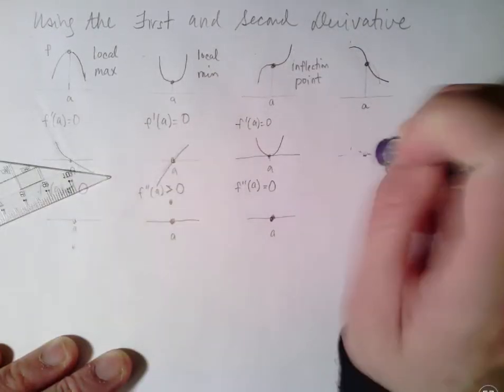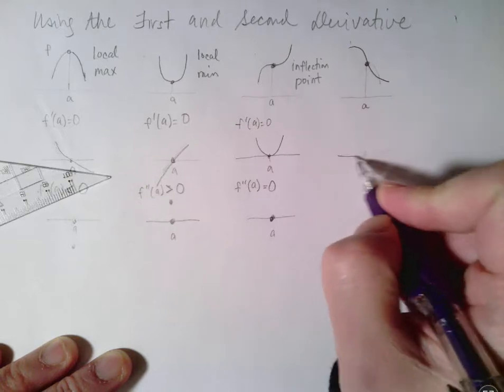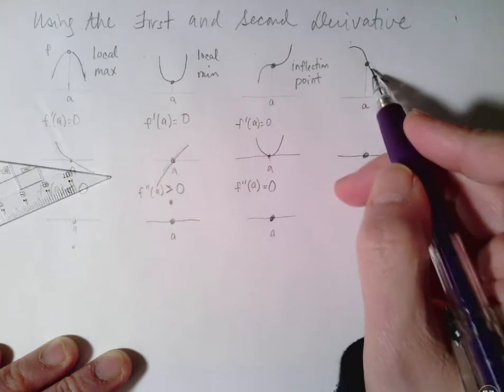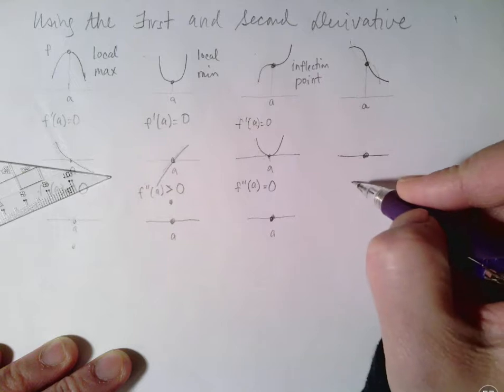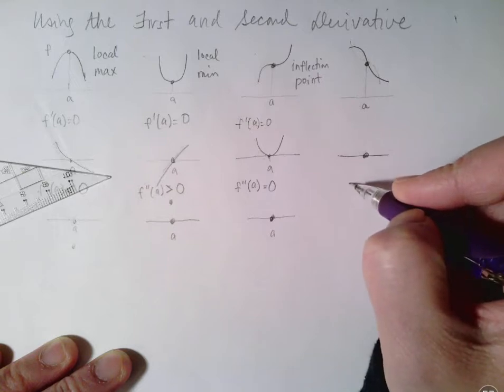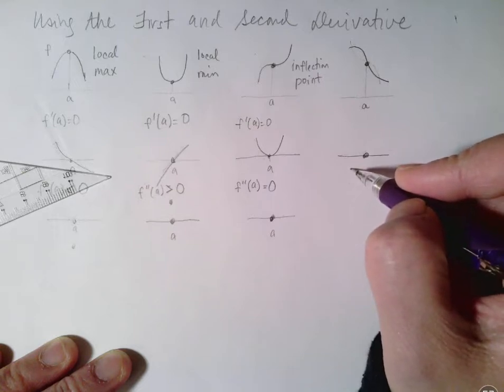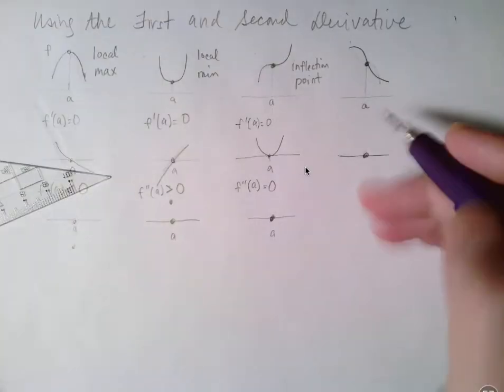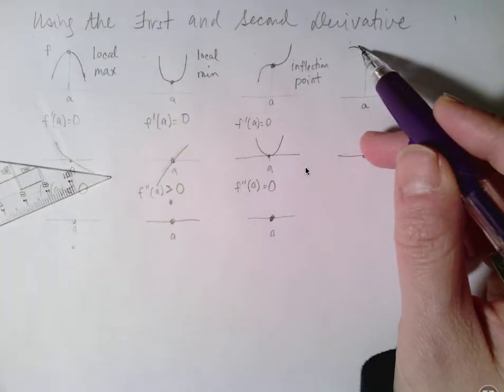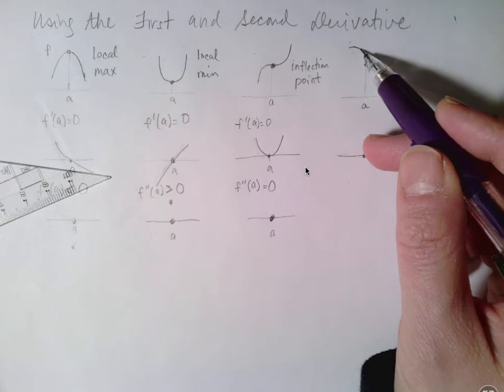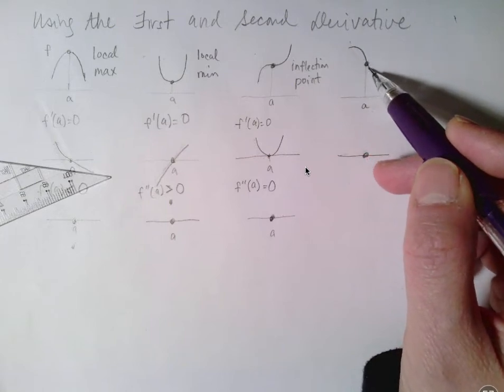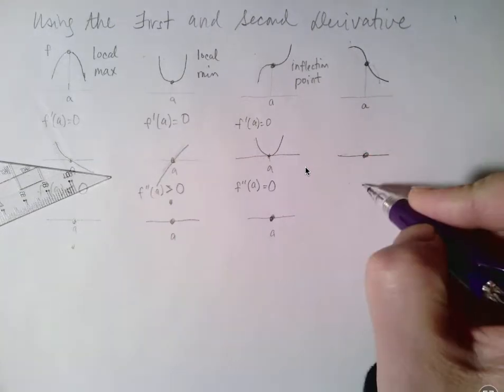So my first derivative at A is negative, right? But it was initially low and negative, and then high and negative, and then low again.